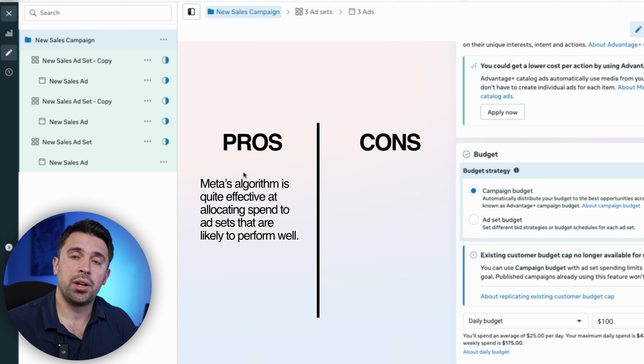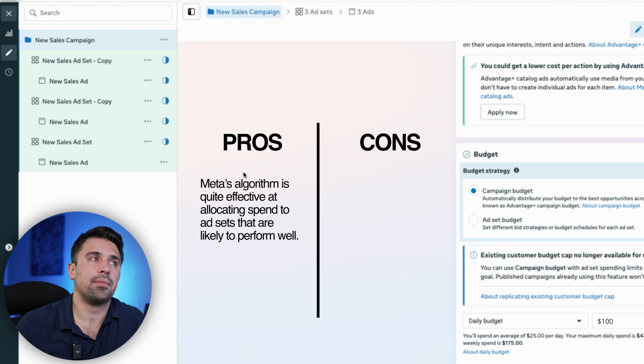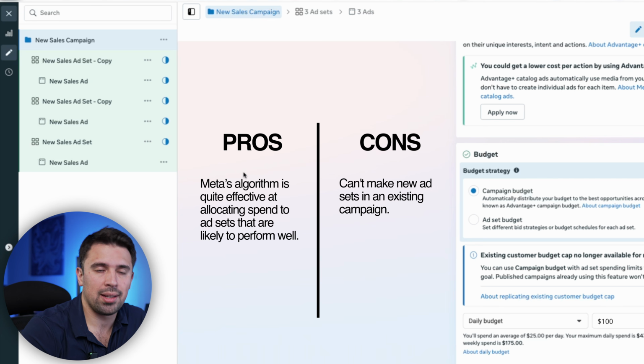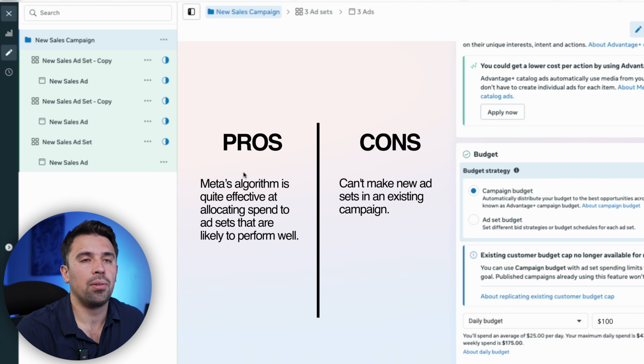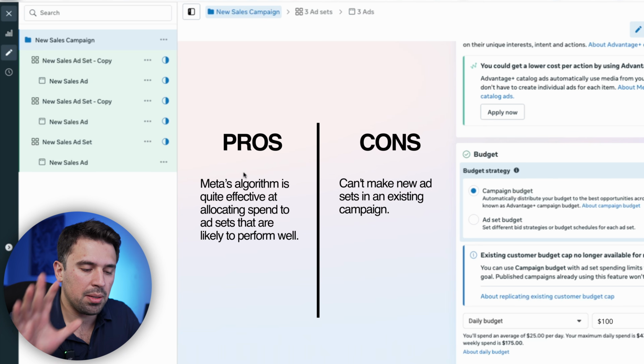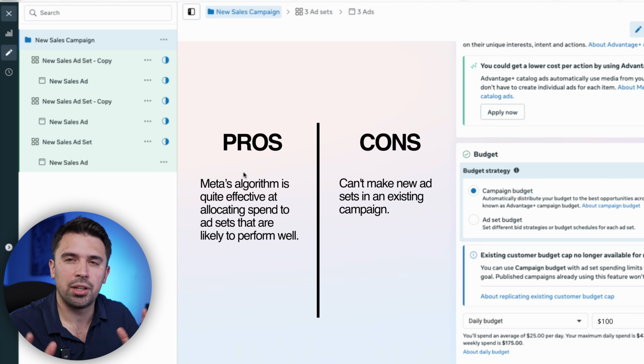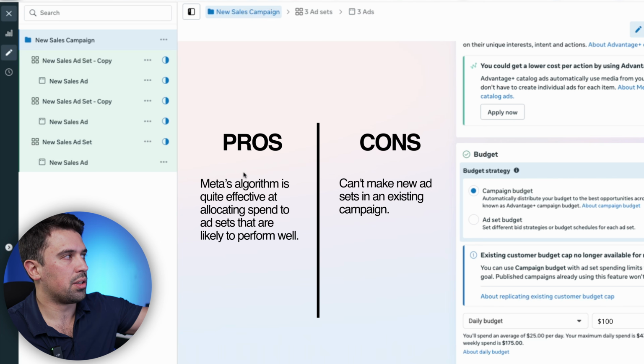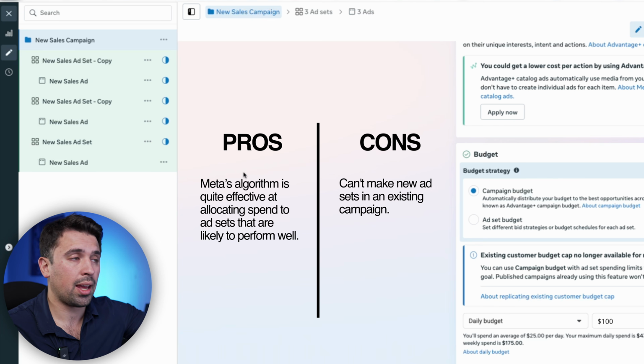When you're running a CBO campaign, it's best practice to not introduce new ad sets into the CBO because, like we discussed, the CBO is kind of a living organism, if you will. Each one of the ad sets actually impacts one another. So imagine we had this setup here: $100 at the campaign level, 3 ad sets, each one getting more or less $33 a day.